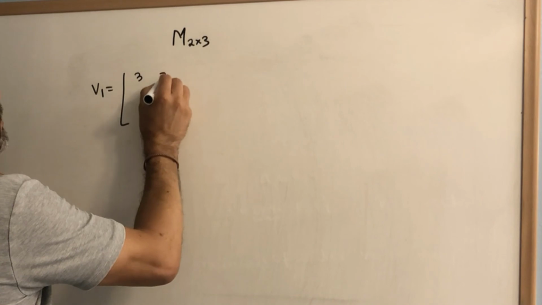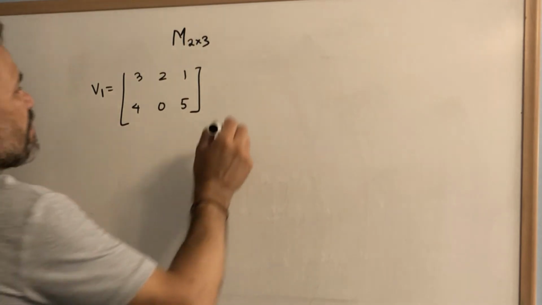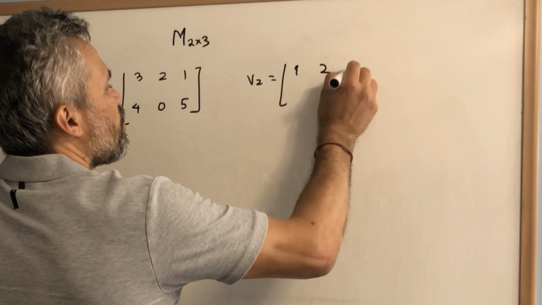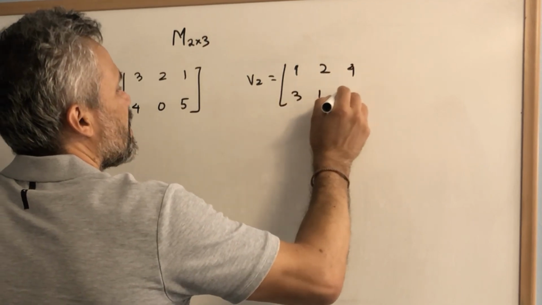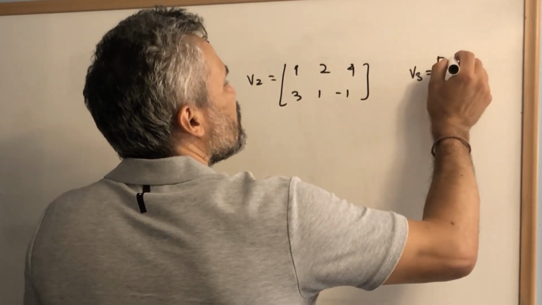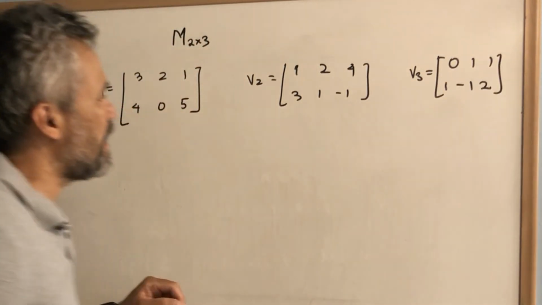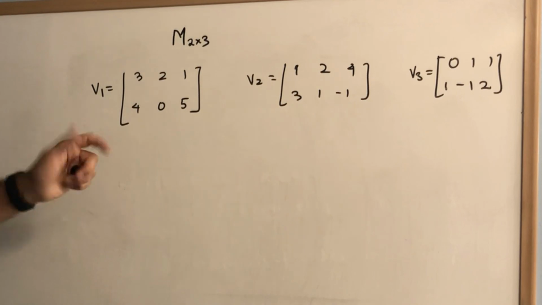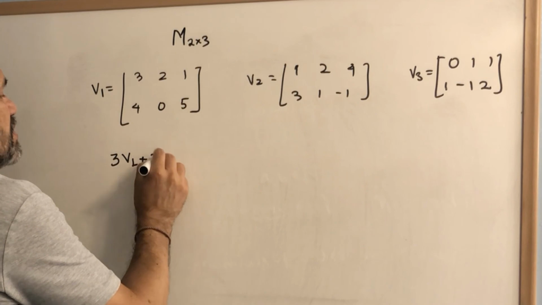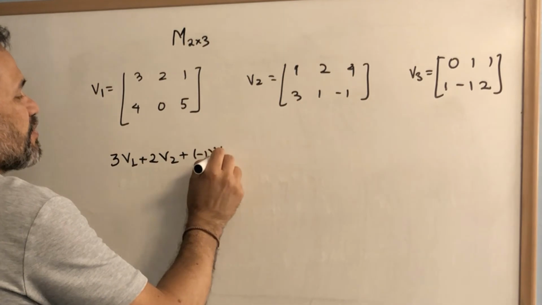Let's suppose that we have 3, 2, 1, 4, 0, 5, and we have this vector v2 equal to 1, 2, 4, 3, 1, negative 1, and we have the vector v3 equal to 0, 1, 1, 1, negative 1, 2. Then we can define a linear combination of these three vectors in the same way that we did before, like 3 times v1 plus 2 times v2 plus, let's say, negative 1 times v3.